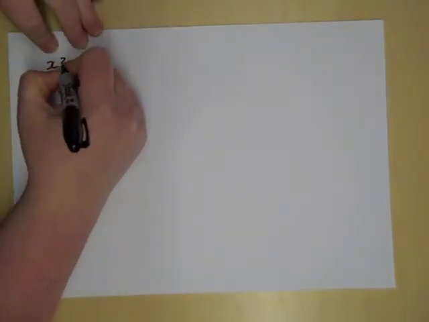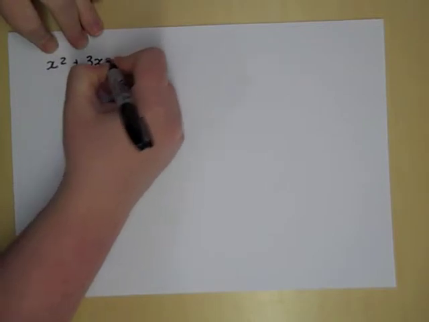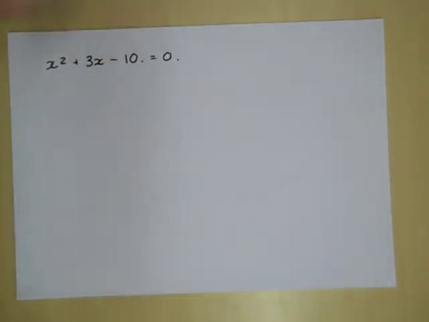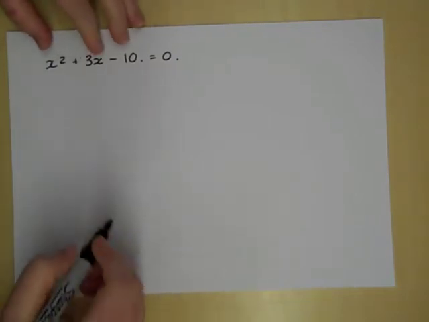So now if I take a quadratic which is slightly more difficult to solve in the fact that it's not following this nice simple rule that I've shown, I'm going to take the quadratic x squared plus 3x minus 10 is equal to 0. Now in this circumstance, I'm going to follow the same rules that you had before.